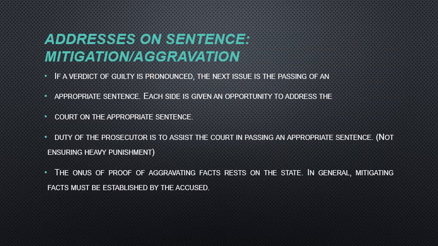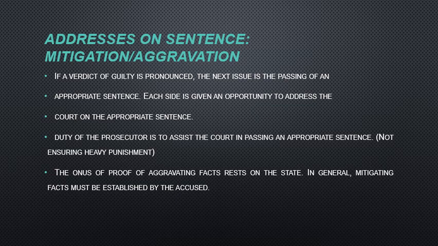As we continue on, addresses on sentence. Now, when the verdict has been given, the parties come in and try to adduce evidence to mitigate or lower the sentence, or in the case of the state, it may also adduce evidence to aggravate, to increase the sentence.